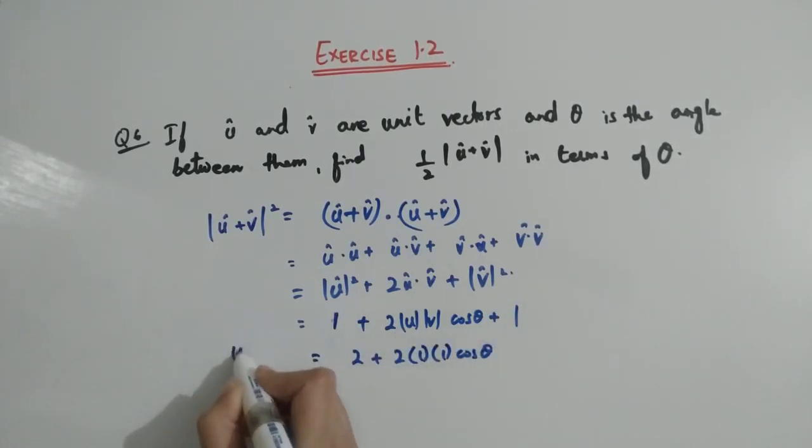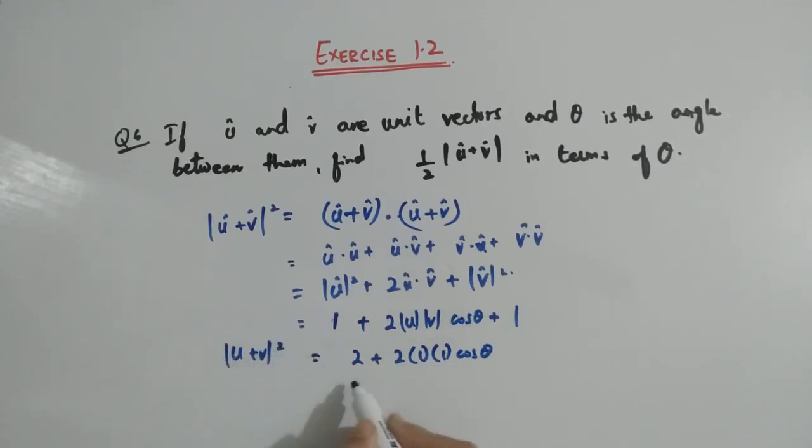This is |u + v|² equals 2 plus 2 cos theta. 2 is common here, 2(1 + cos theta).